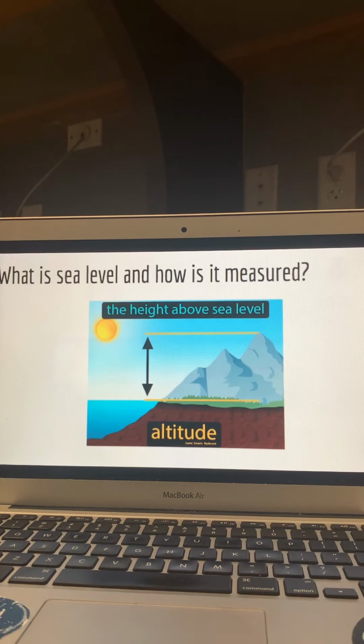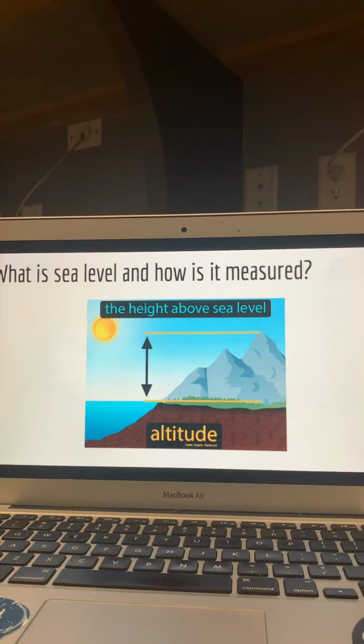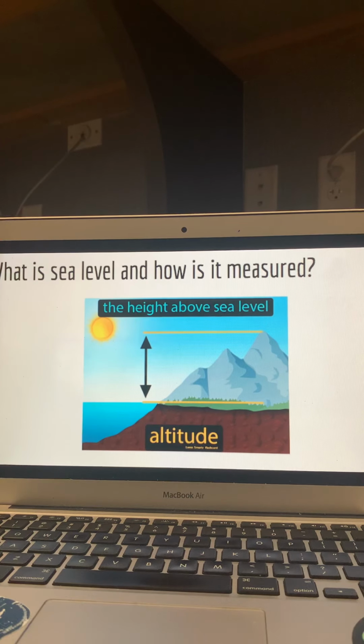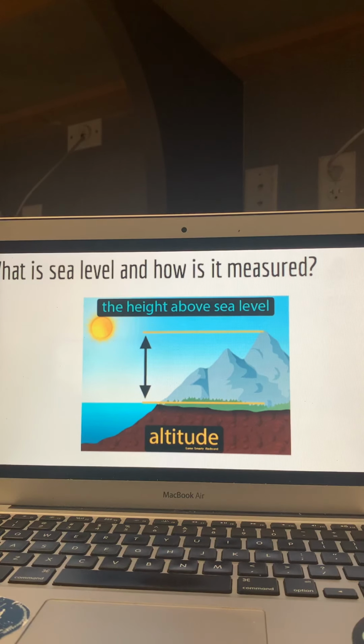It's 19 years. And it's taking those measurements and averaging them out to better define sea level. It is measured over the Metonic cycle because it allows scientists and researchers to account for the long-term variations of the ocean's orbit.